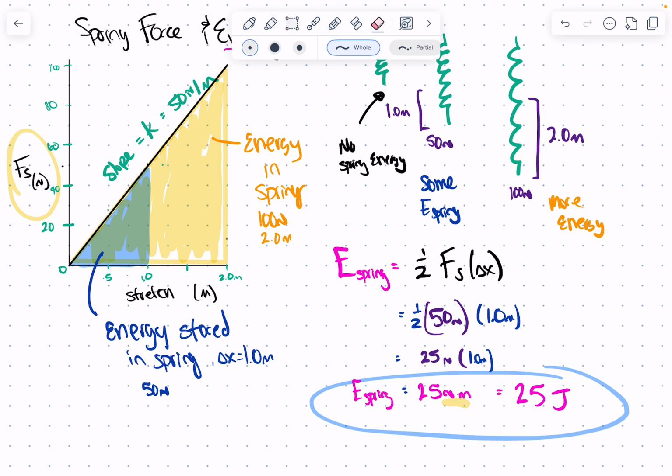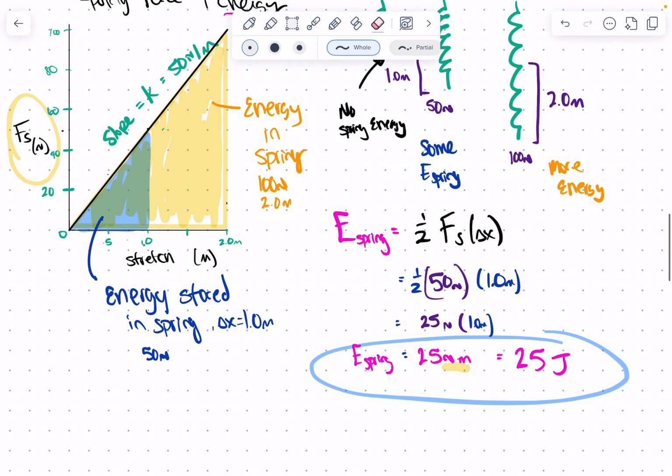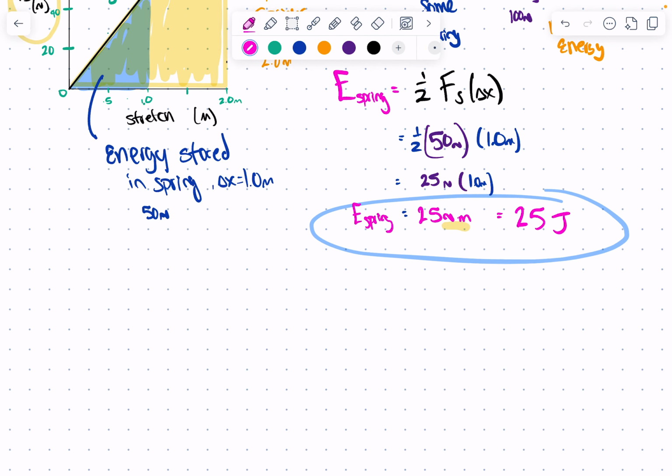Okay, now we are also going to look at the energy stored in the spring when we stretch it to 2 full meters. So we'll bring that down here. Energy of the spring is equal to 1/2 force of the spring times displacement.